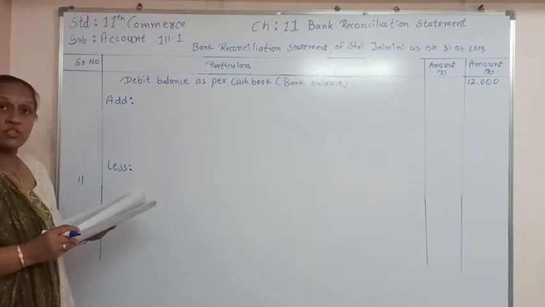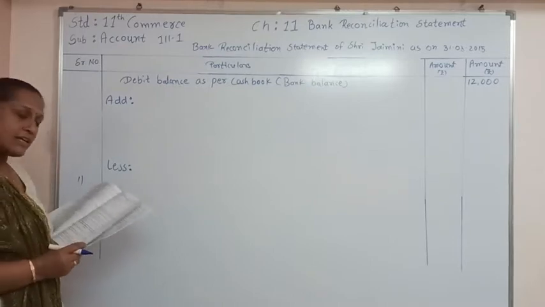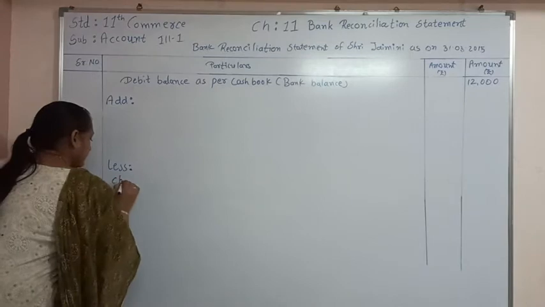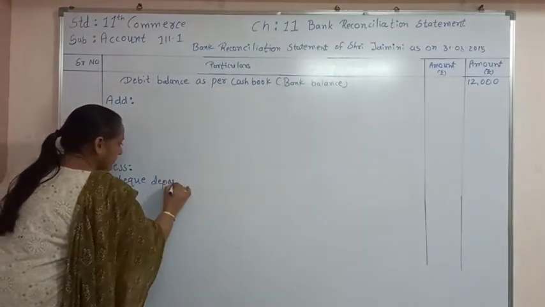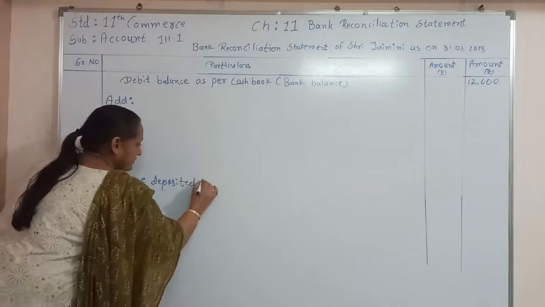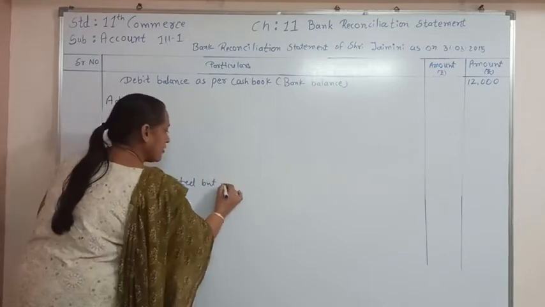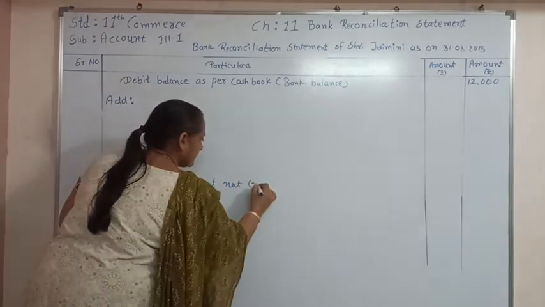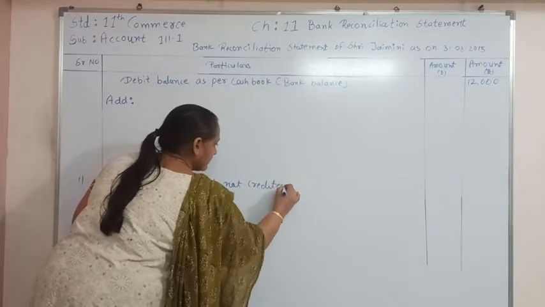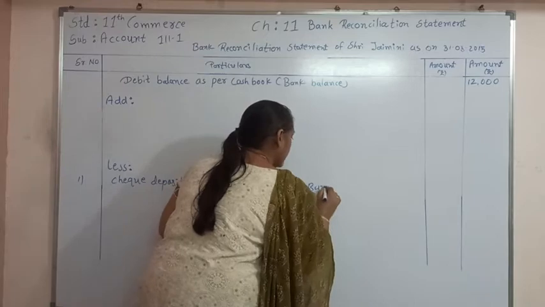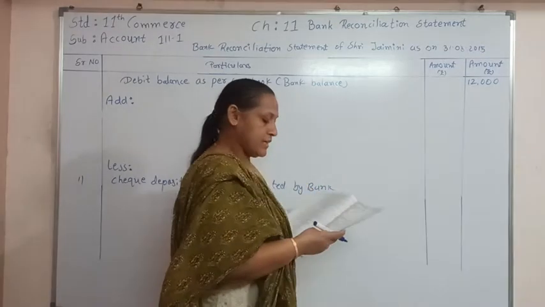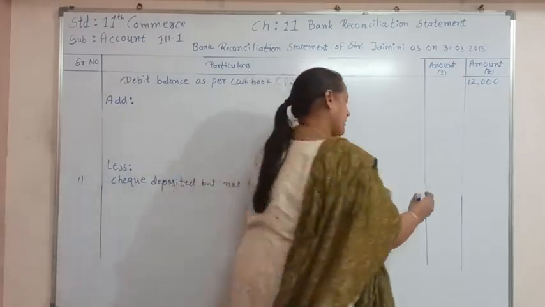So check deposited but not credited by bank. So that will be the amount will be 6,000.